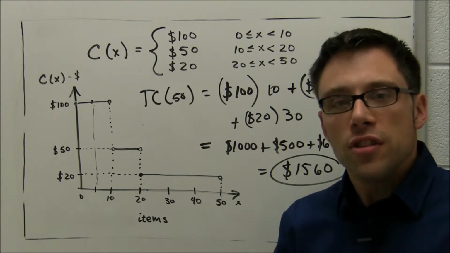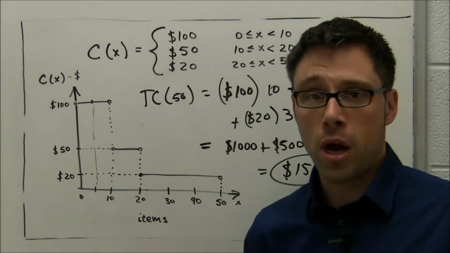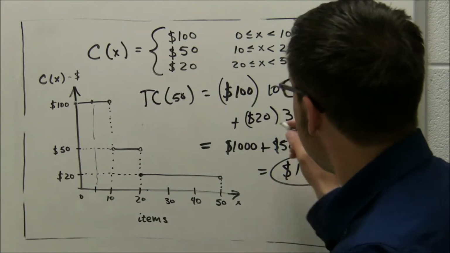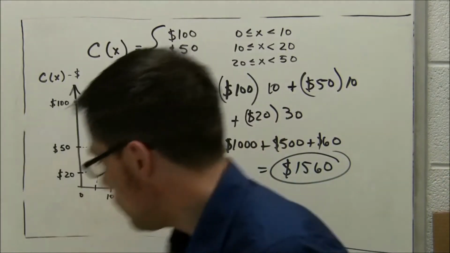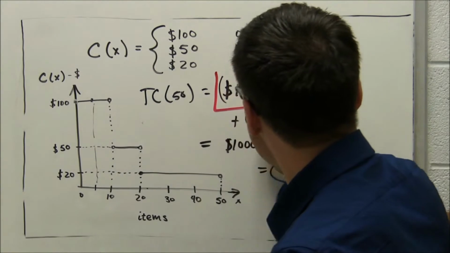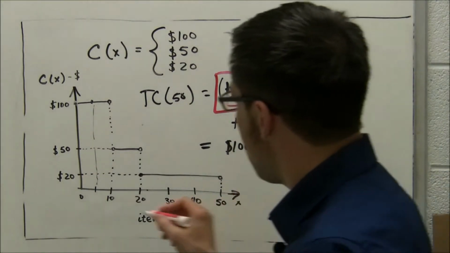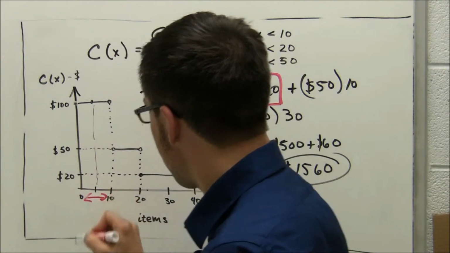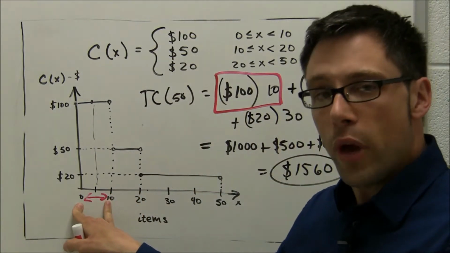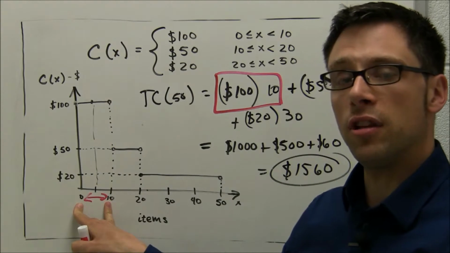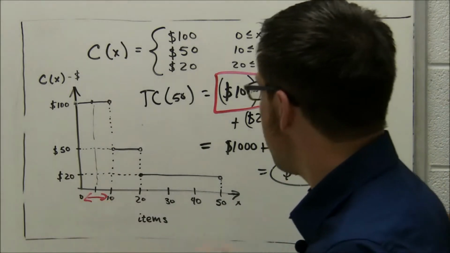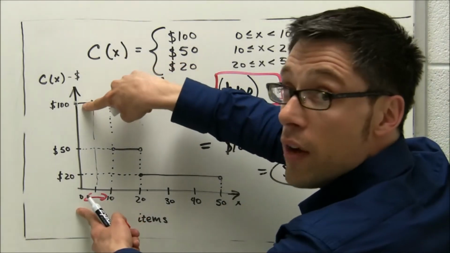Actually, this can be thought of in terms of a geometric problem. Think about it. For this first piece, $100 times 10, what is that? That's really the width of this little rectangle, 10, times 100, which is the height of this rectangle.